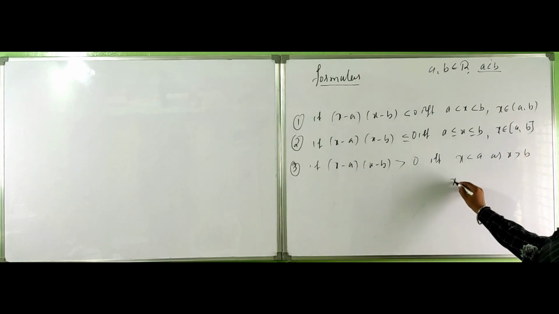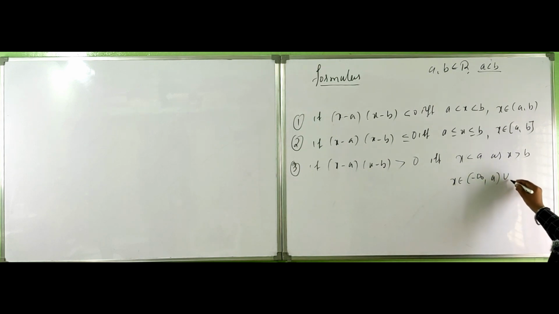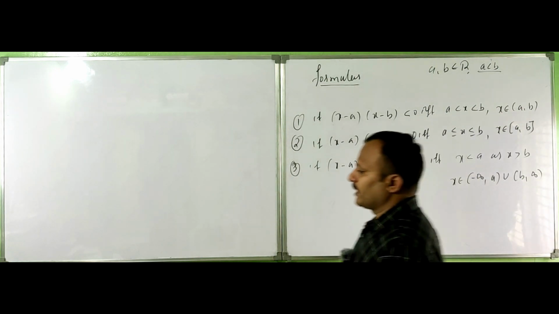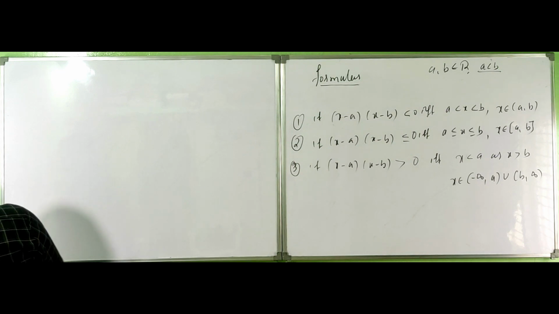So here x belongs to minus infinity to a, union b to infinity, right? This is the condition.